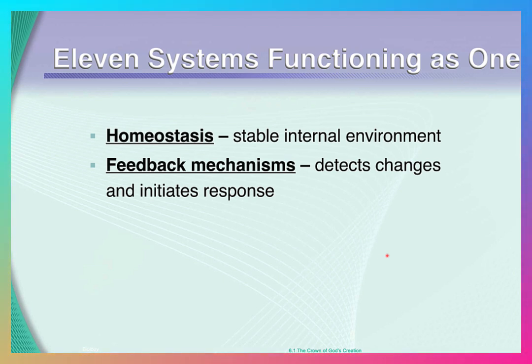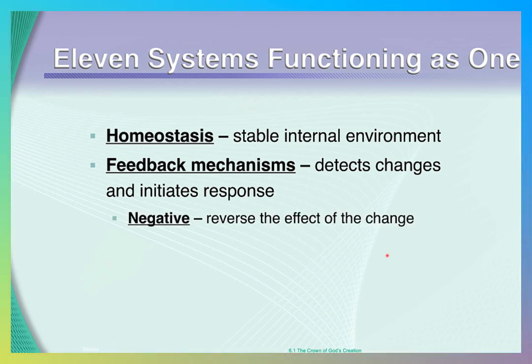Let's say your blood sugar. And when this changes, the body detects the change in your blood sugar, and then a response in the body is initiated, and the response occurs to restore the signal back to its normal position.